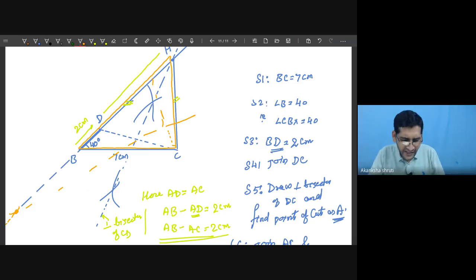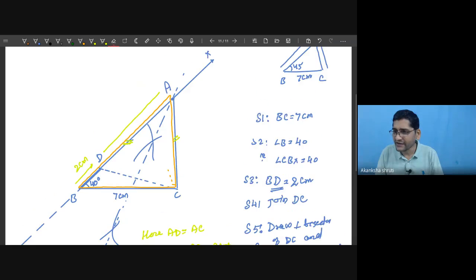So that's why the only difference is that you have to draw the line, the extended part on both sides, and you have to observe it carefully on which side the perpendicular is cutting.